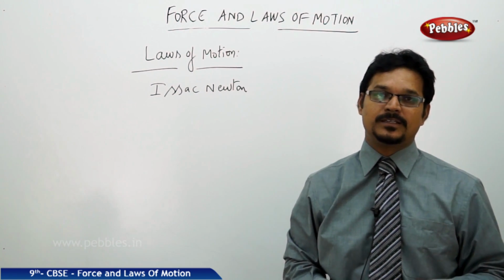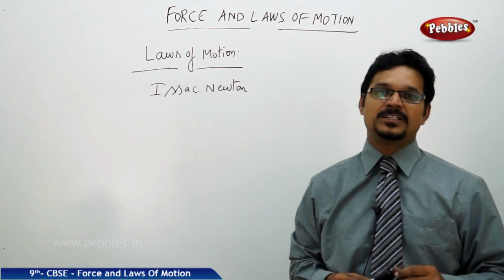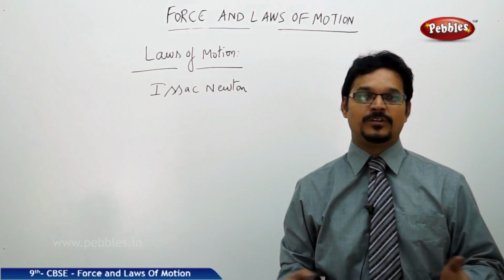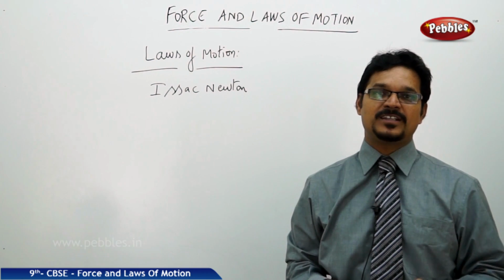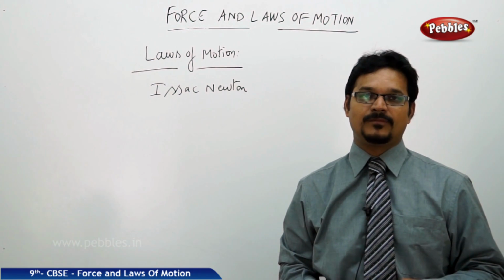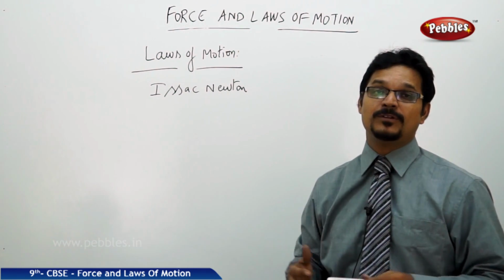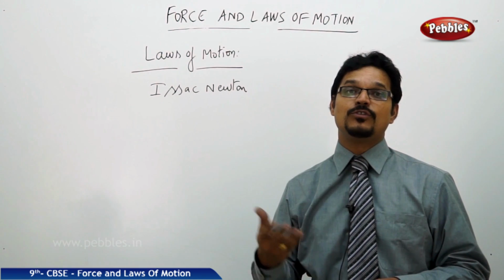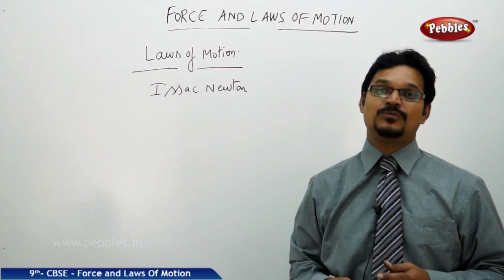Those were the days. In his age, many young scientists were fans of Isaac Newton. Like today, we have film stars and many people are fans of different film stars. In Newton's age also, there were people who were fans of Isaac Newton, and they were called Newtonians. And these Newtonians worshipped Isaac Newton.